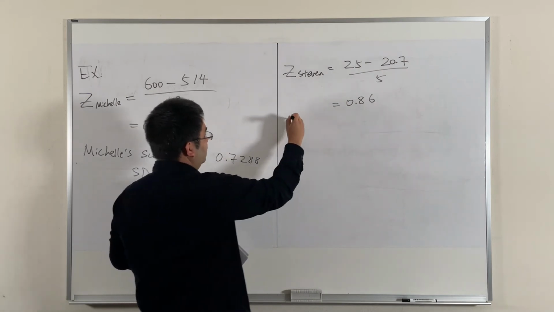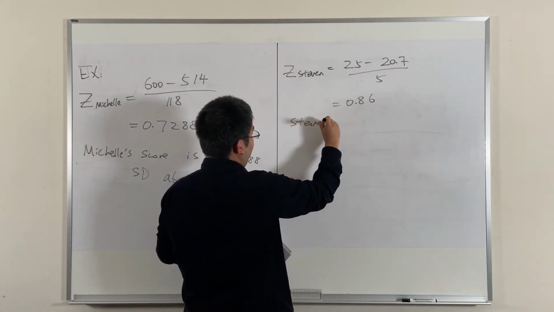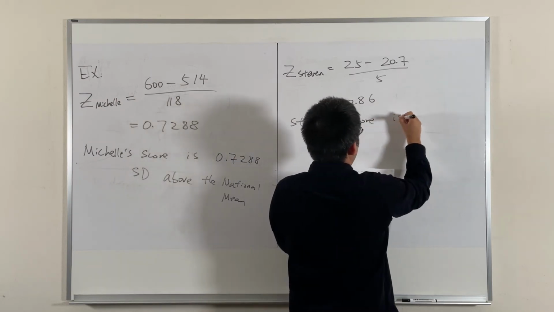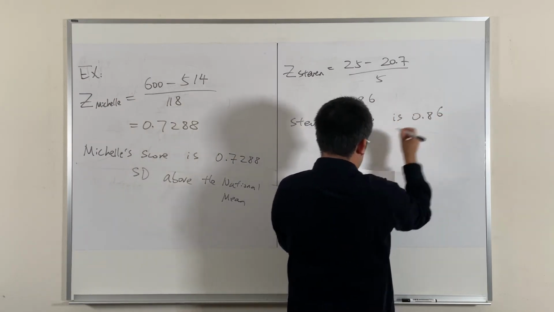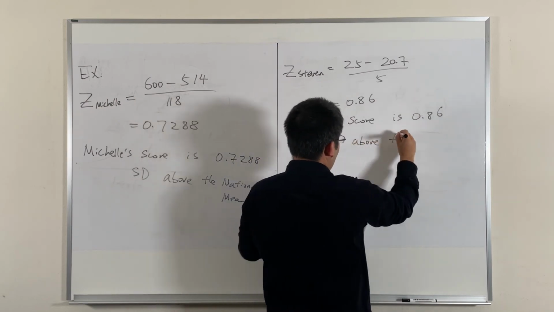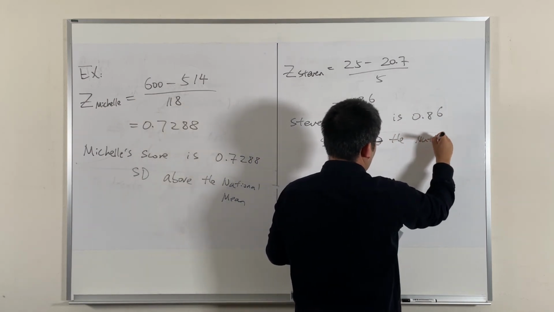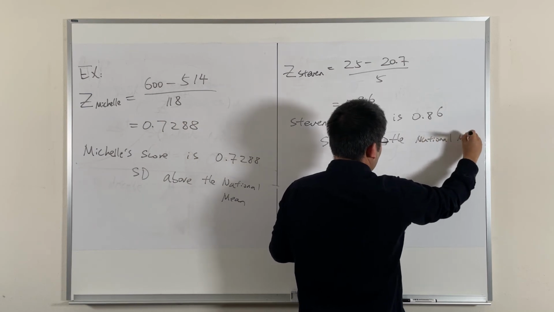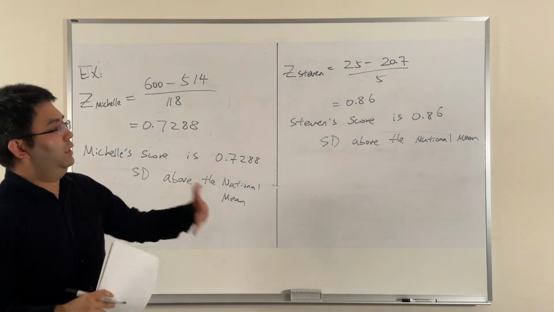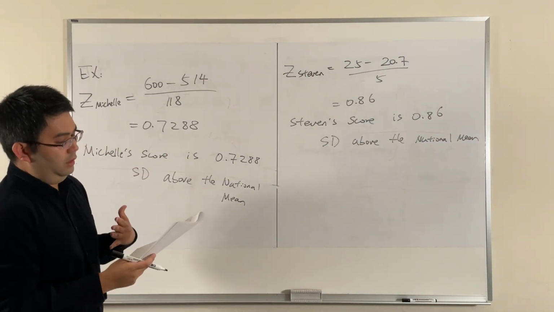So Steven's score is 0.86 standard deviation above the national mean. Okay, so Steven's ACT score is 0.86 above the national mean.